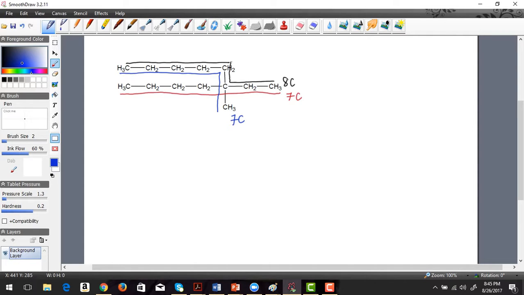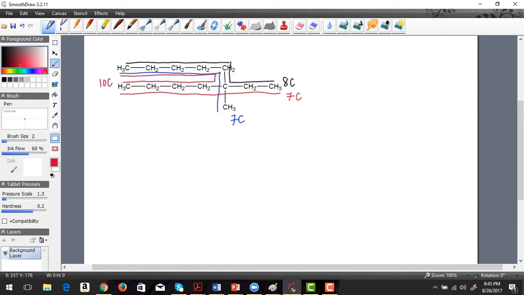There might be another route that would give us more. So let's get maybe a thick red. In that case, you notice if I go straight and curve back and go back to where I started, I get 10 carbons, right? So that is my longest chain, right?